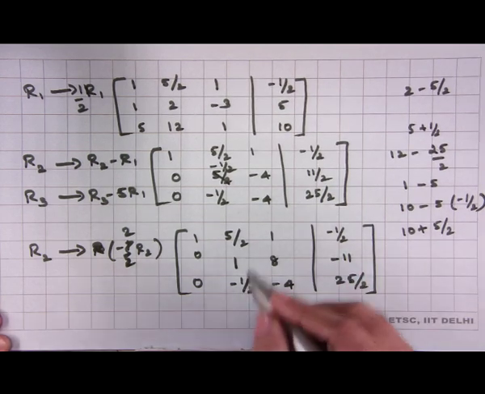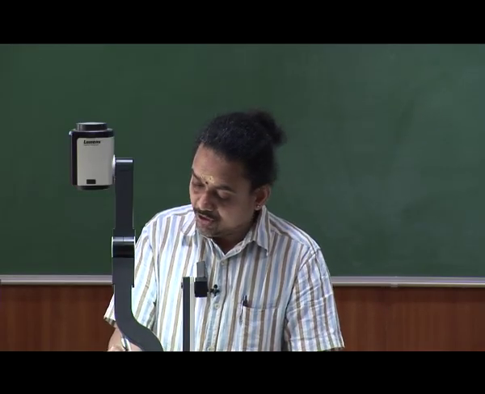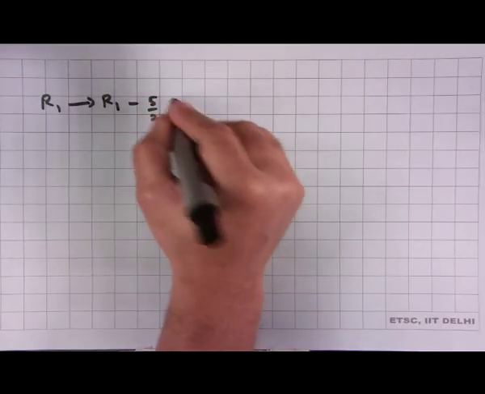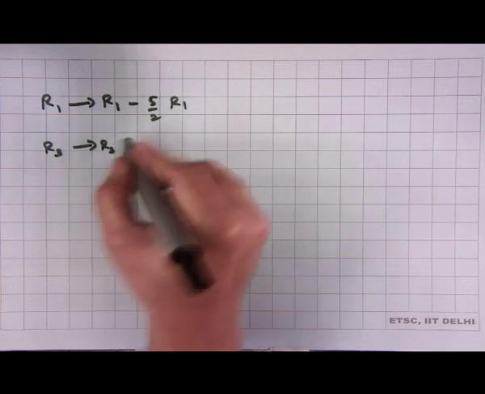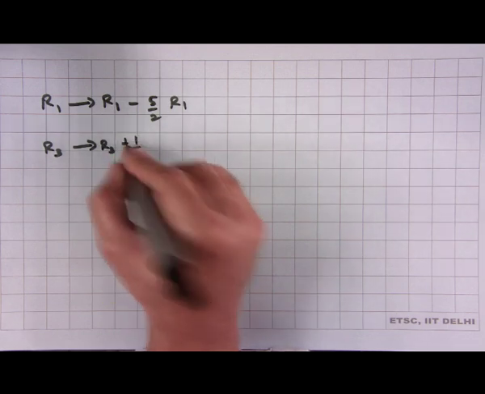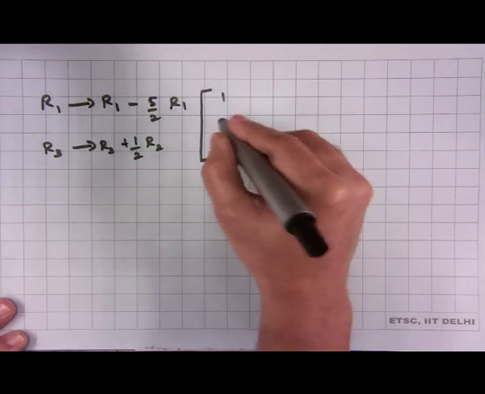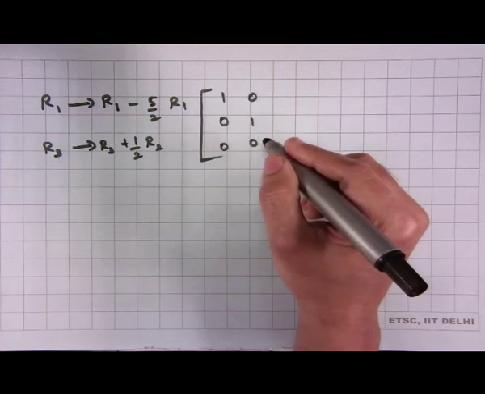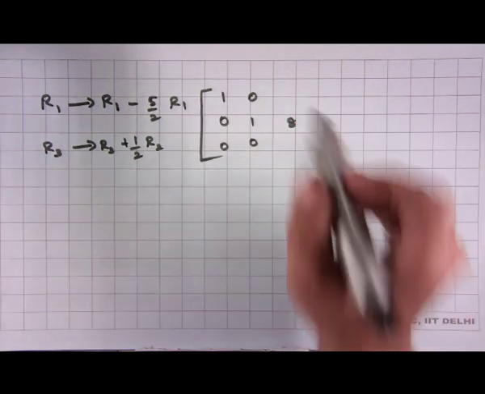I will have to convert the other two elements into 0, which are 5 by 2 and minus half. So, what I will do is replace R 1 by R 1 minus 5 by 2 times R 2, and similarly R 3 is replaced by R 3 plus half times R 2. The resulting matrix, you will notice, is 1 0 0, 0 1 0, and then the last terms, where the 1 is going to remain untouched.